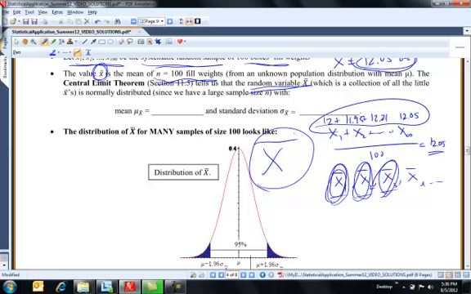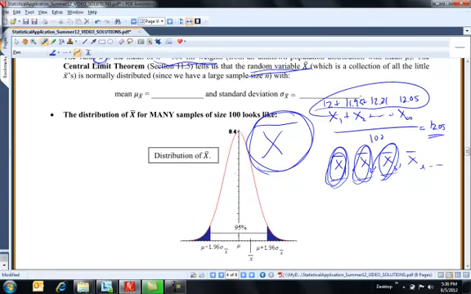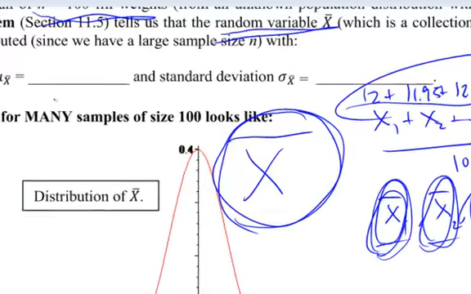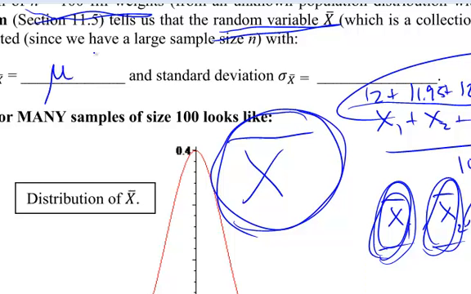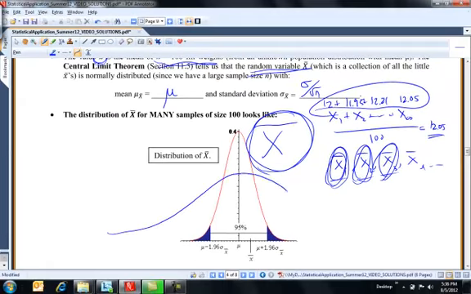In the central limit theorem lecture we said the mean of the graph of capital X bar is the mean of the original graph, because all you're doing is pulling everything back into the center, and the standard deviation squishes up. It gets tighter, because if you take 100 values and average them, they get quite close to the true mean mu.